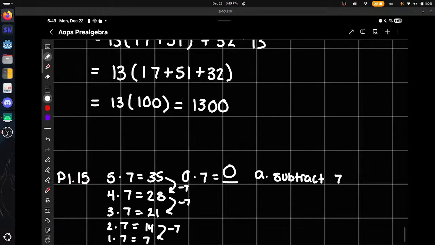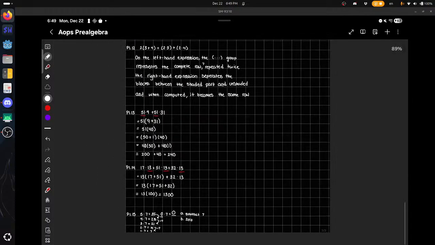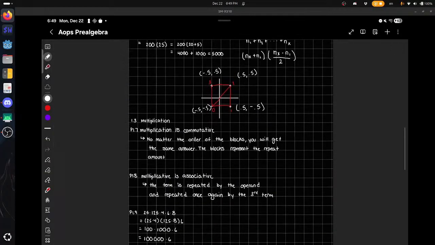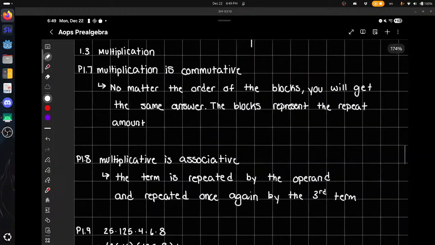Assuming that the pattern continues, predict the answer to the last multiplication. 0. I'll even be fancy, just write 0. Okay, that was the last problem. And now we have to review them.